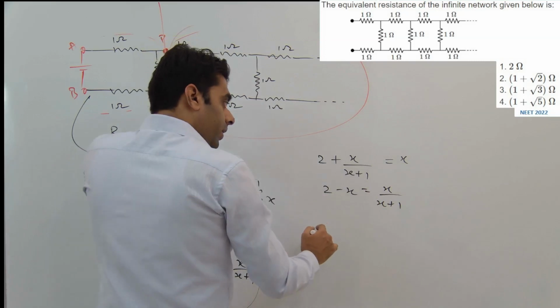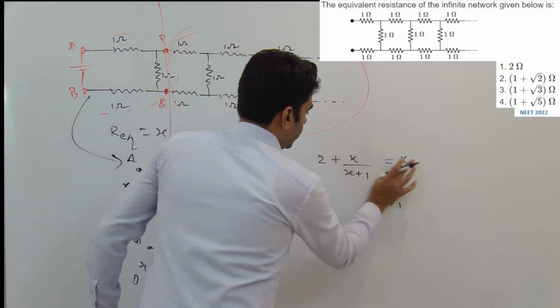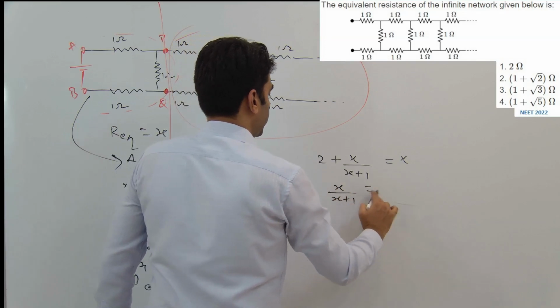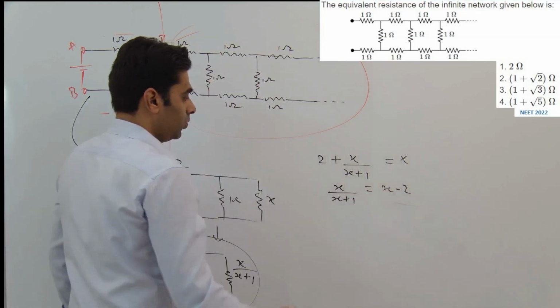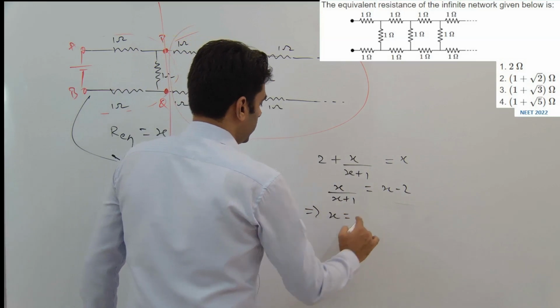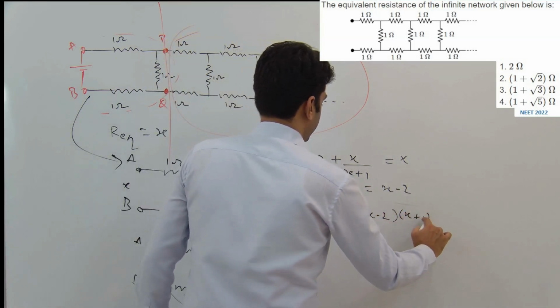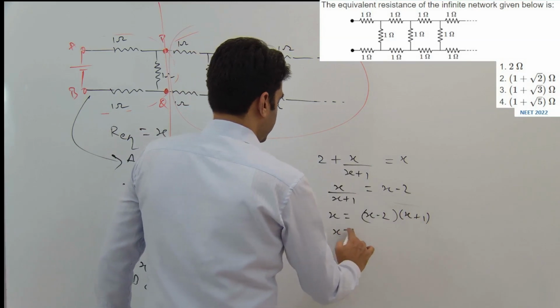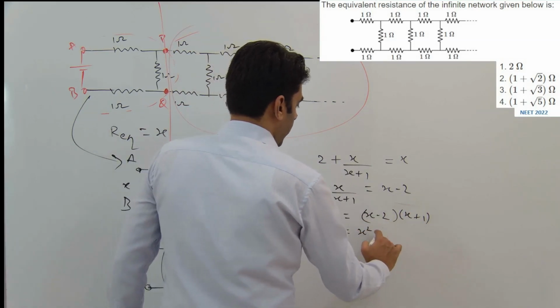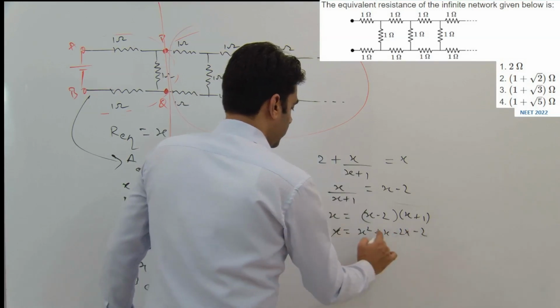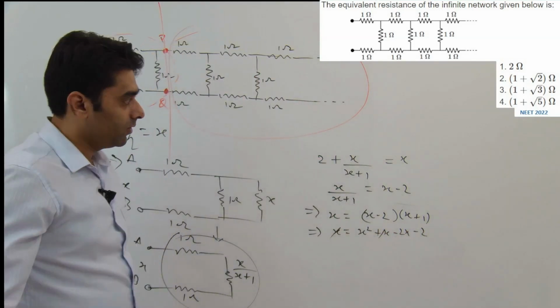Or we can write it like this: X by X plus 1 is equal to X minus 2. X is equal to X minus 2, X plus 1. What are we getting? X is equal to, if we simplify this, X square plus X minus 2 X minus 2. X cancels out. We have got a quadratic. What is the quadratic we have got?